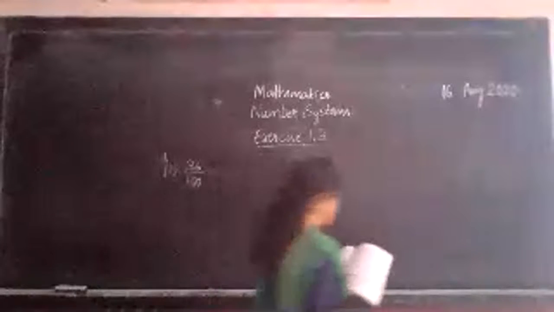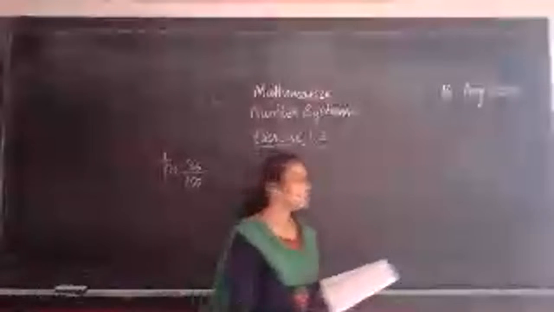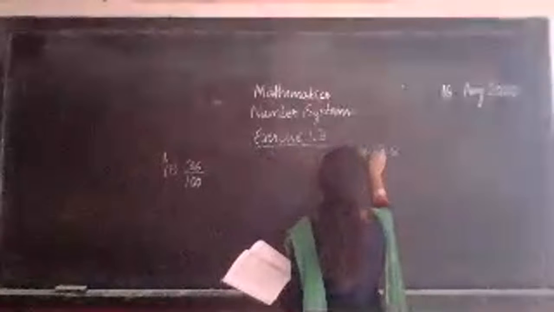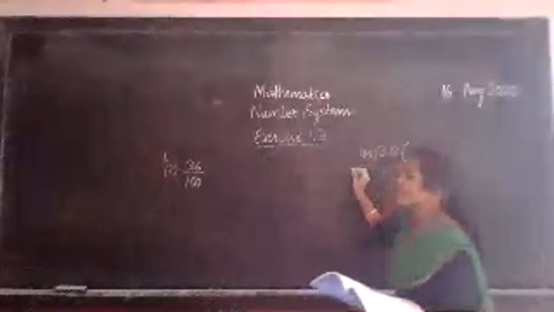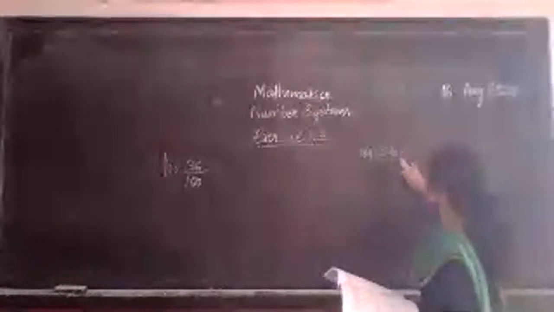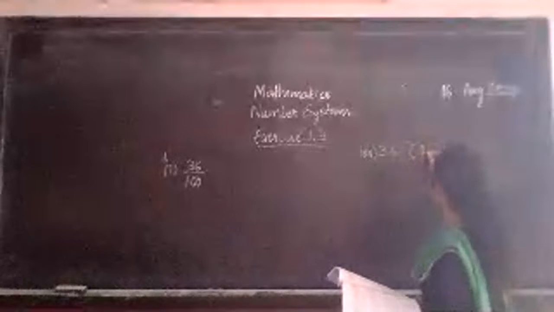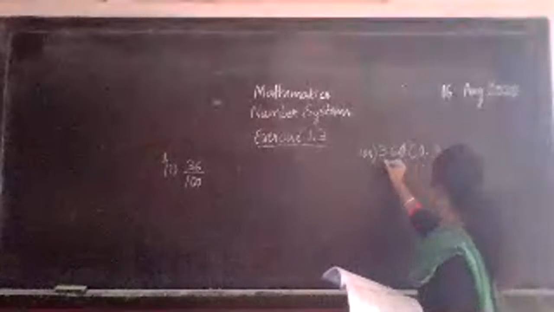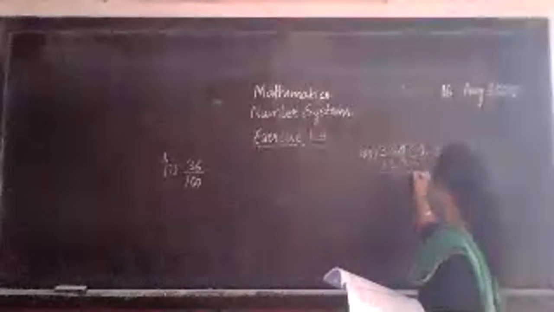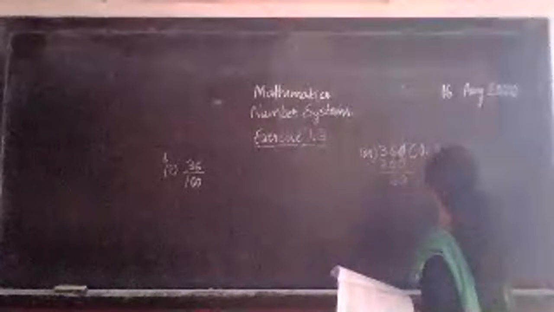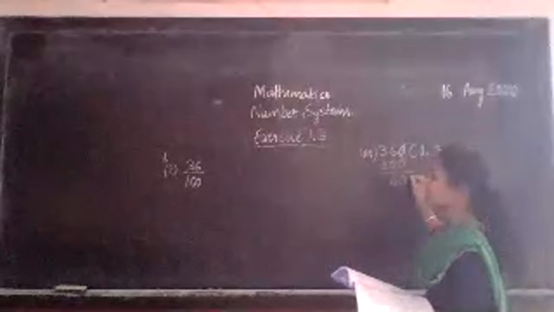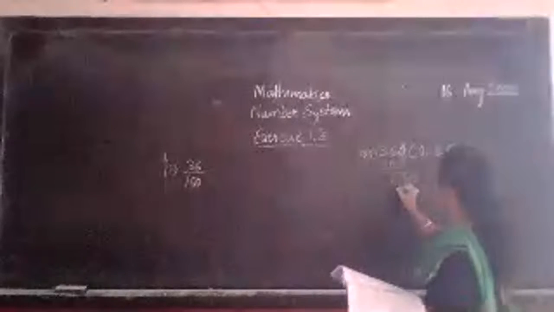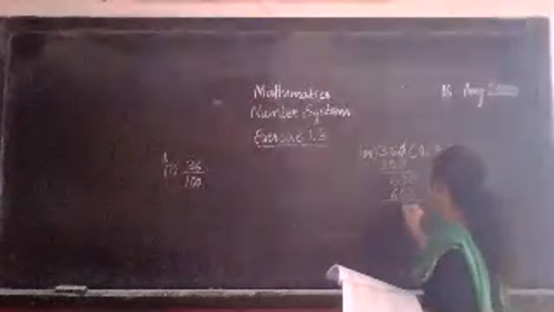In order to do that, we should just divide 36 by 100. I cannot divide 36 by 100, so I put a 0 and then a point. Now 100 threes is 300 and 60 is the remainder. Write a 0 here, and 600 is 600, so the remainder is 0.